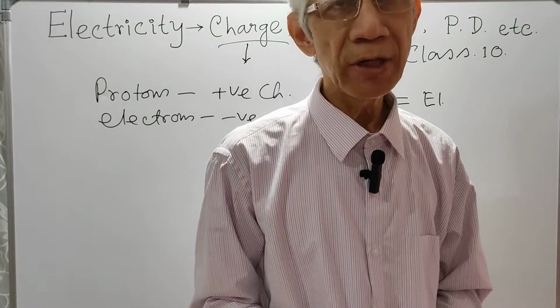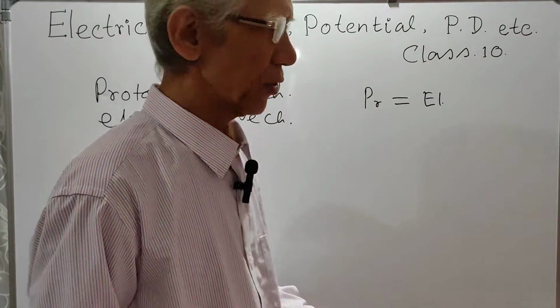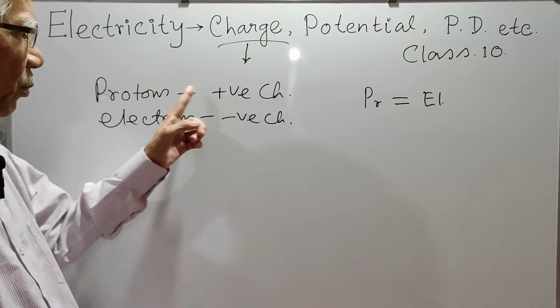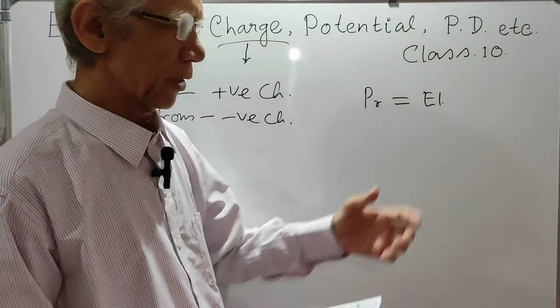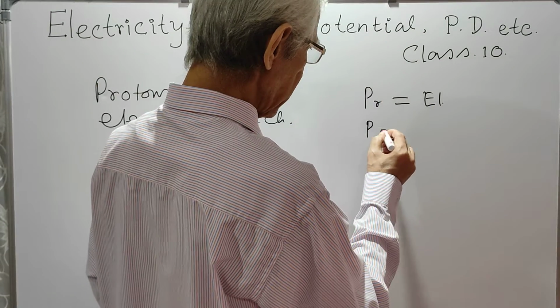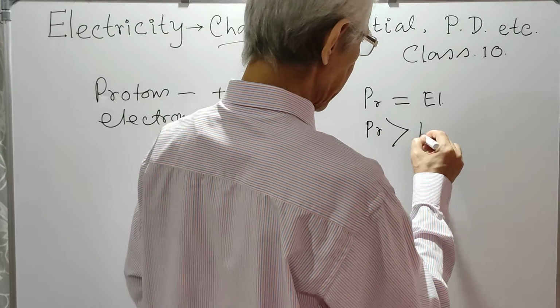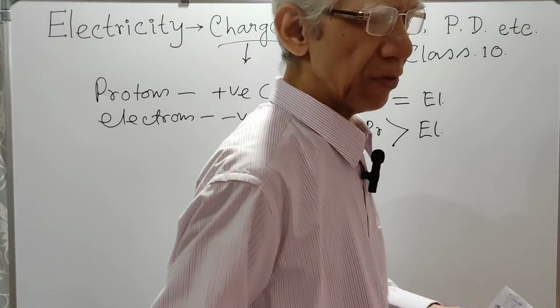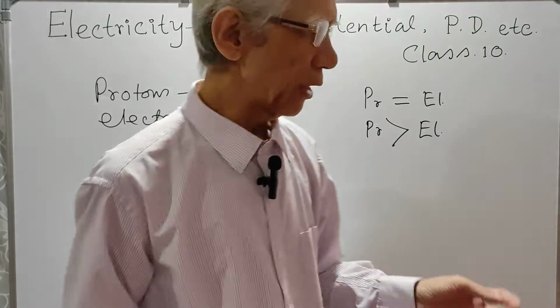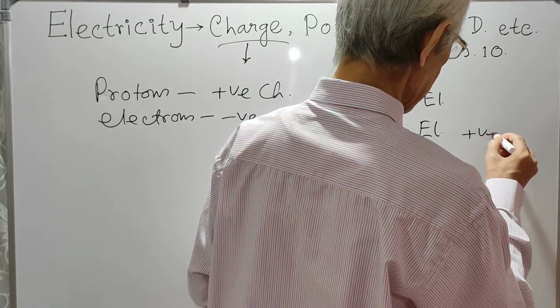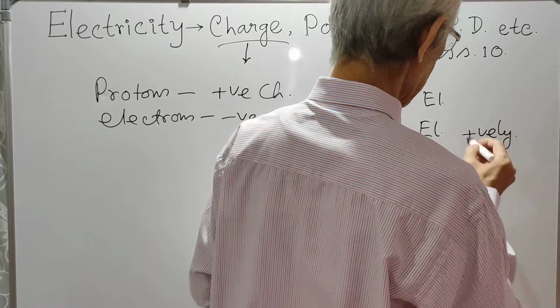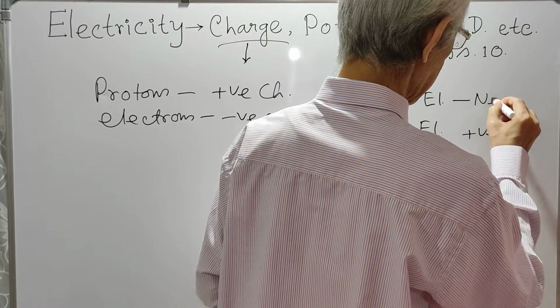That body is neutral, that means uncharged, because proton has positive charge, electron has negative charge, so they neutralize each other if there is equal number. But if a body has greater number of protons than electrons, then it is positively charged.